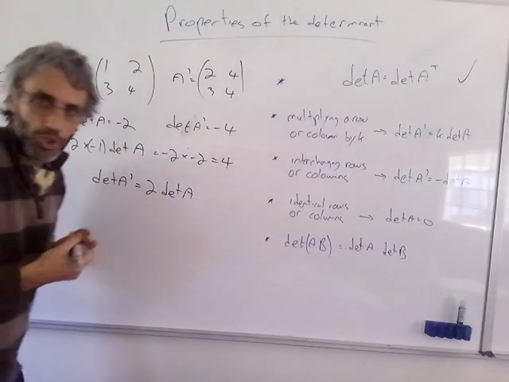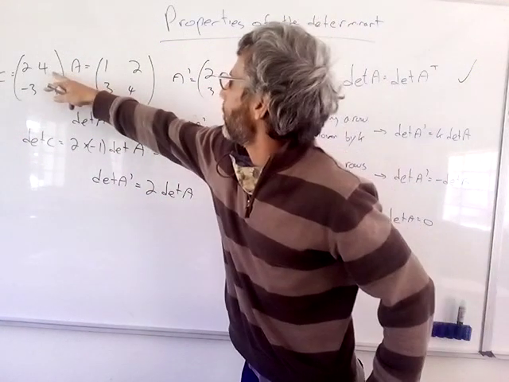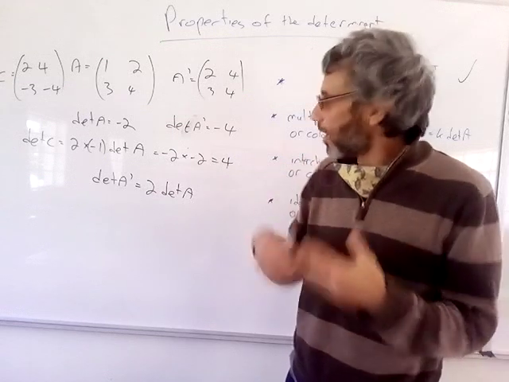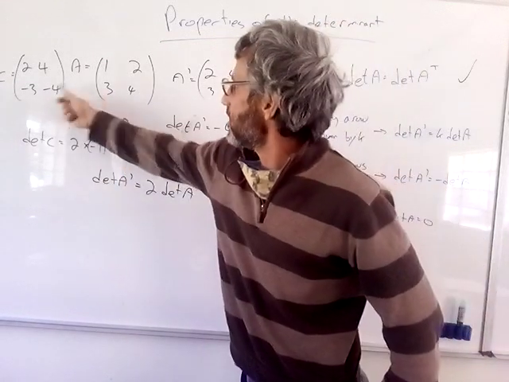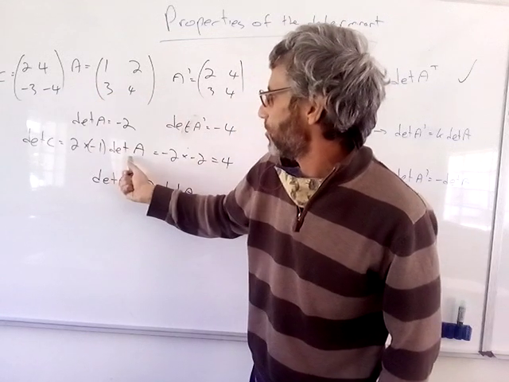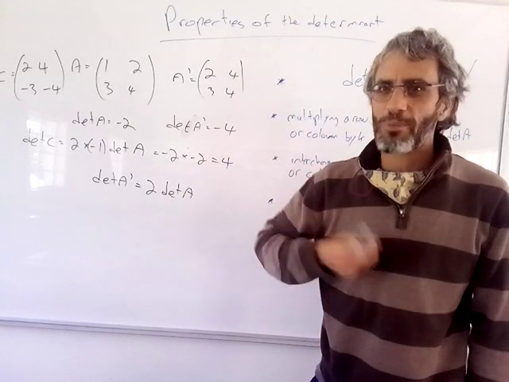Okay, so I just want to show you in this example what happens if we multiply more than one row by a certain scalar. What do we do then? Well, we can carry on using the rule. We just multiply the determinant of the original matrix, the determinant of A, by each scalar that we multiply each row by.